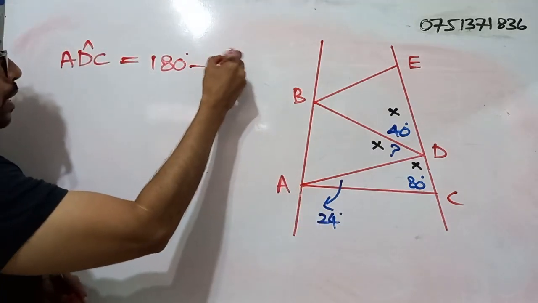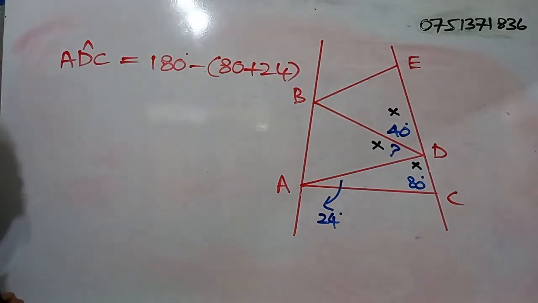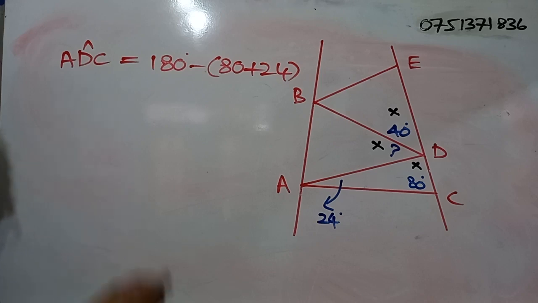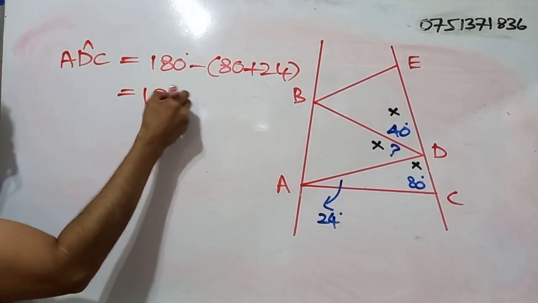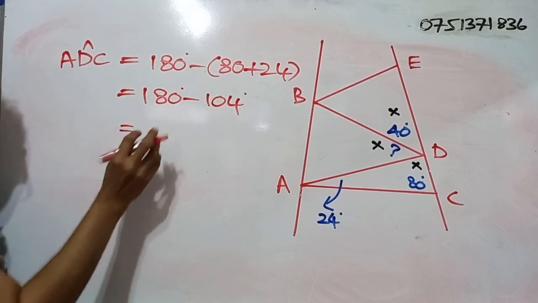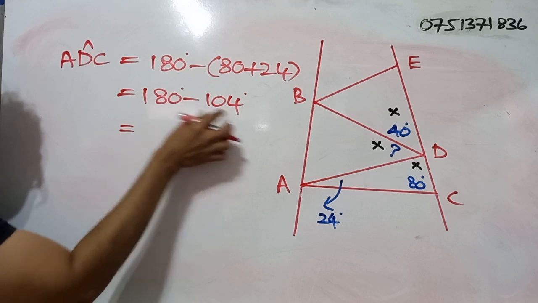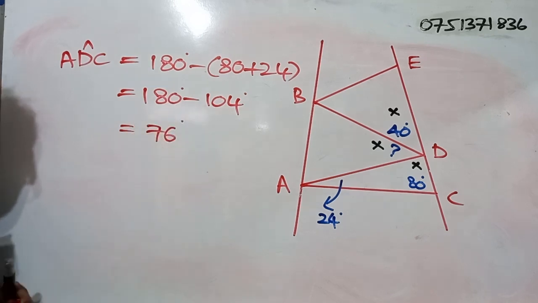So we can write 80 plus 24, that is 104. So 180 minus 104. 180 minus 100, we get 80. 80 minus 4, we get 76.